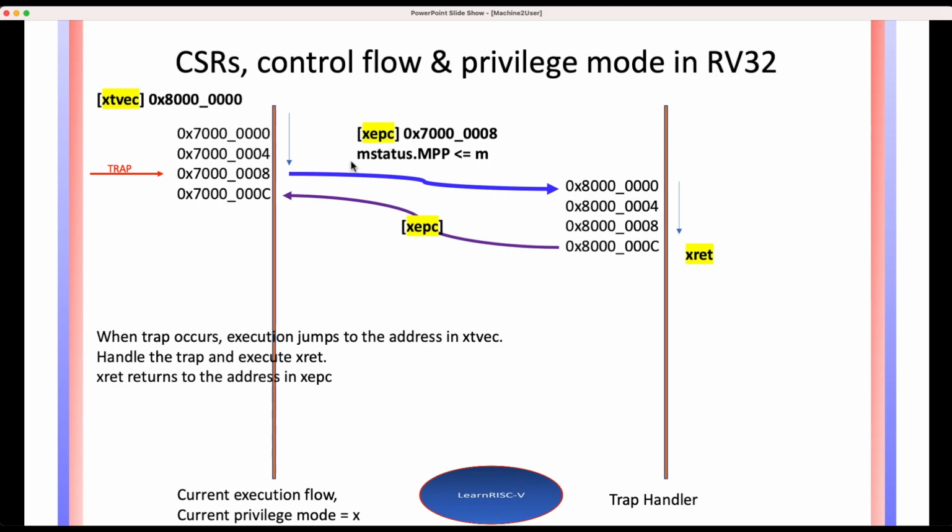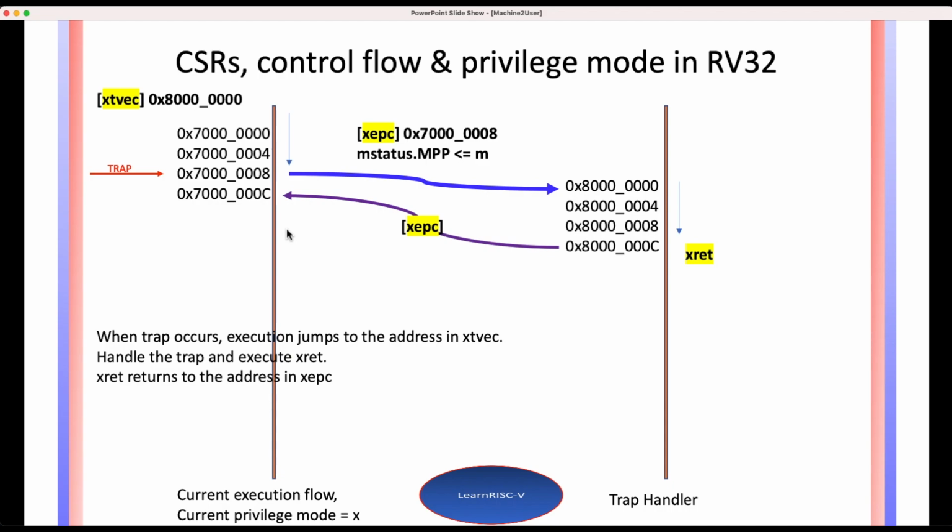Then the execution jumps into the trap handler, and once this is handled, when it returns back, the address from the XEPC, in this case the next address following the trap, is used, and the execution jumps back to this address and continues.